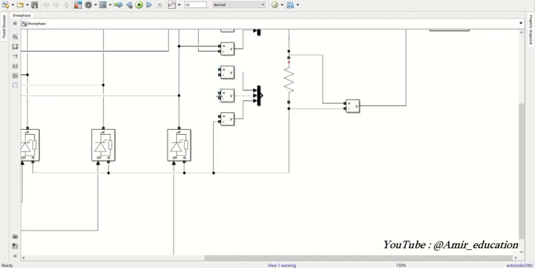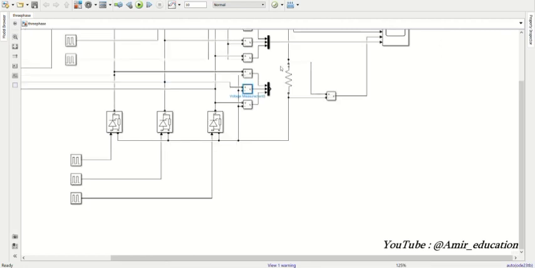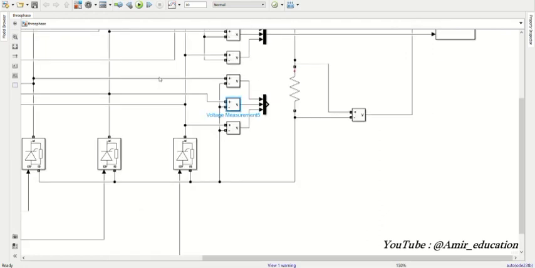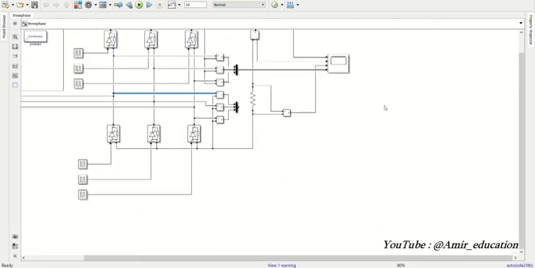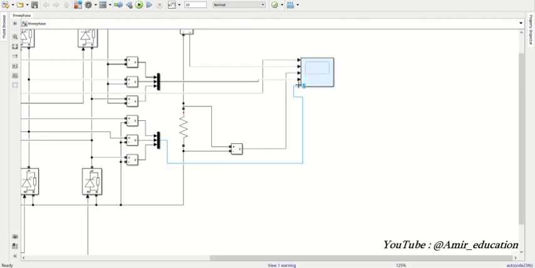I should have connected this to the cathode. Okay, and connect it to our scope.